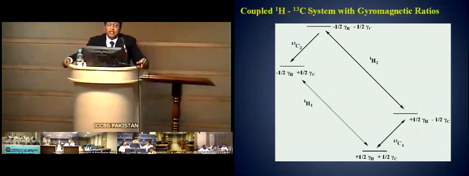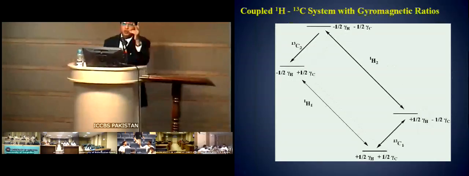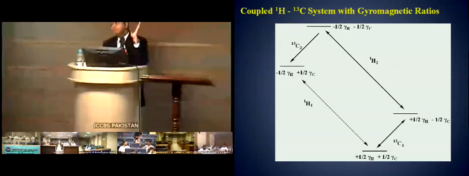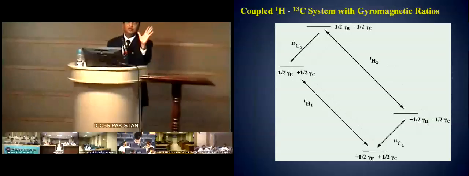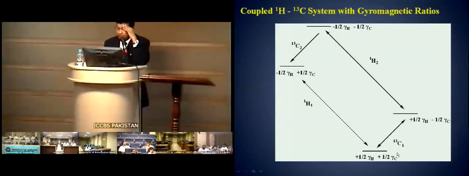Now let's move forward, with exactly the same diagram. Both of them are spin half nuclei, and they can exist as plus half and negative half. So you see these are plus half, the alpha states. Both are plus half: plus half carbon and plus half proton.